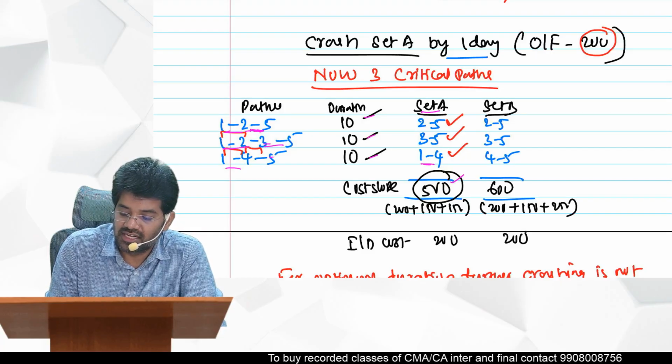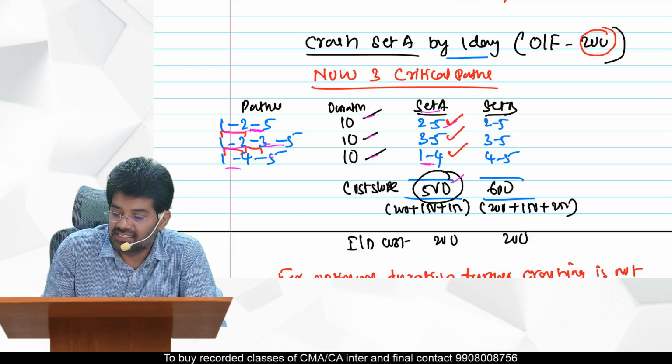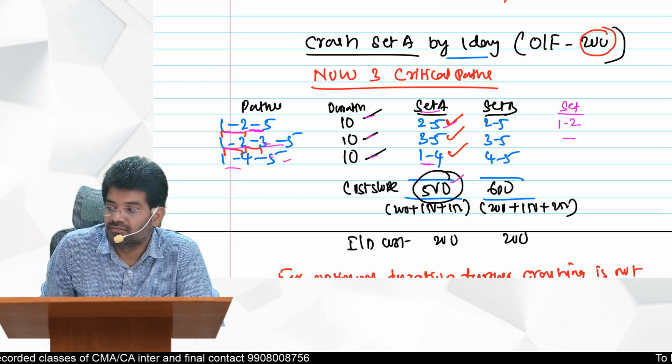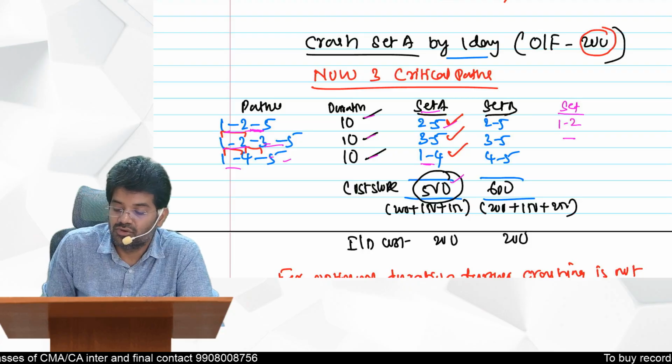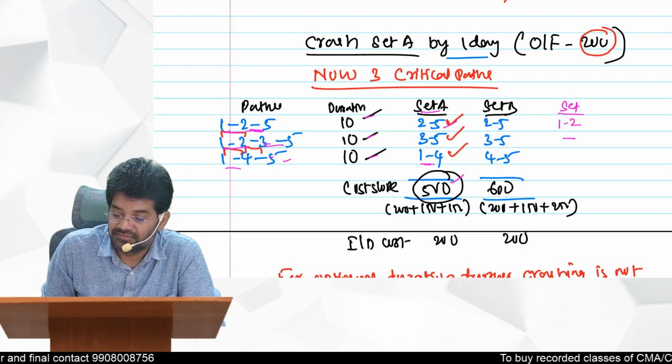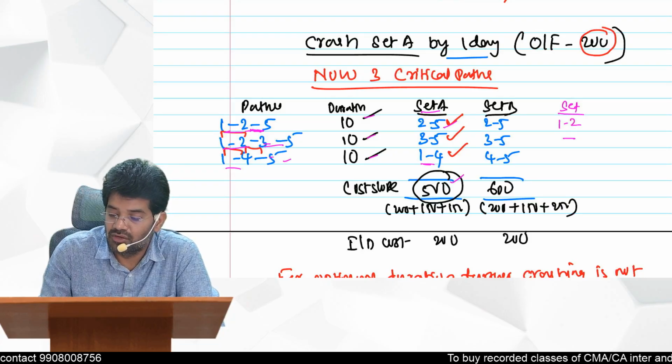So, set A. What is the first set taken here? Already 2 to 5. Can I create this set? If I take 1 to 2, automatically it is there, but it is not there in the third one. So that combination is not possible. So if you take 1 to 2 here, 1 to 2 here also it will get reduced, and you can take 1 to 4.